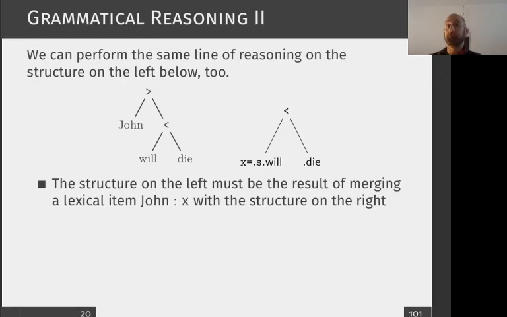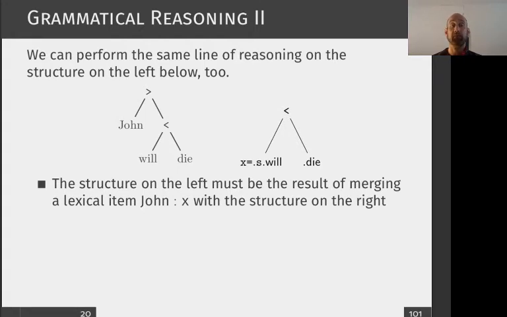We can do the same reasoning. So John will die. That's a complete sentence, and so we have to analyze it as a complete expression of category S. That means will in that John will die structure has the only feature in the tree, and it is S. How does will die get put together with John?